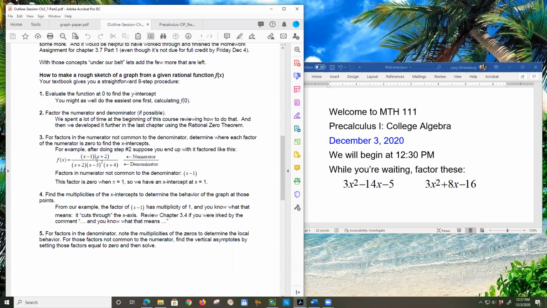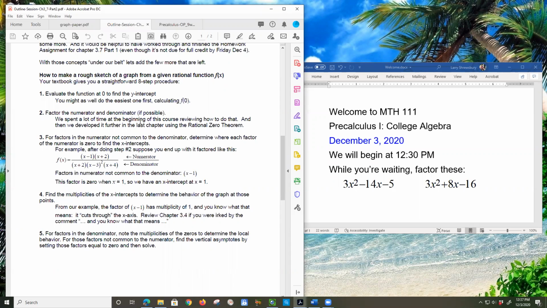Not a donut hole, but a hole. The fancy name the textbook gives it is a removable discontinuity. That certainly sounds more impressive than a hole, but whichever terminology you prefer. Okay, so first, we'll find the y-intercepts, easy peasy.